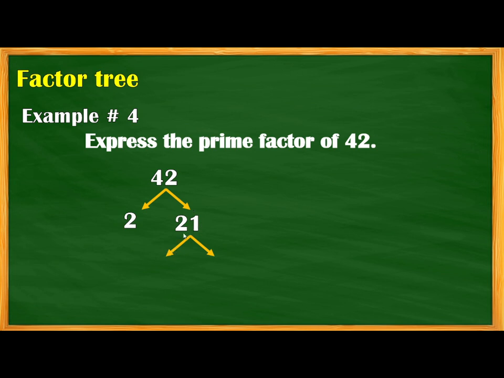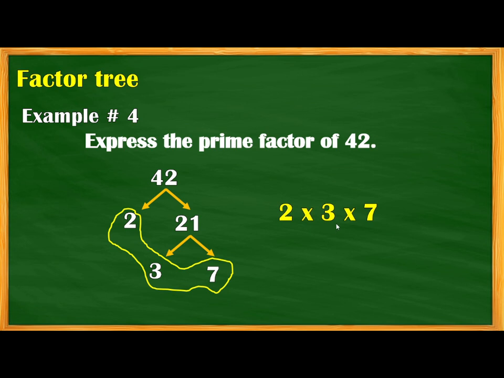What would be the factors of 21? We have 3 and 7. So 3 and 7 now are prime numbers. So this would be the clue that you're going to stop using the factor tree. So these are the prime factors of 42: 2 multiplied by 3 multiplied by 7.